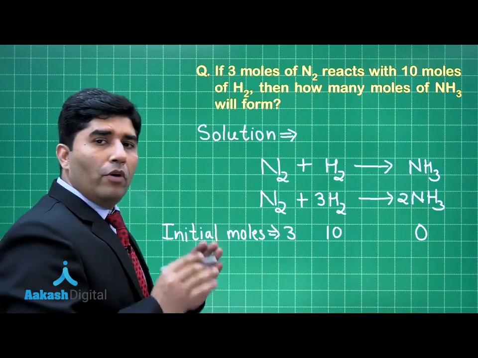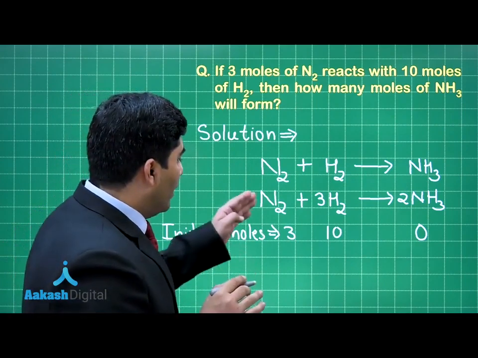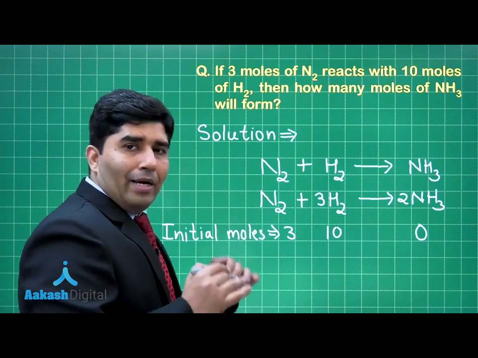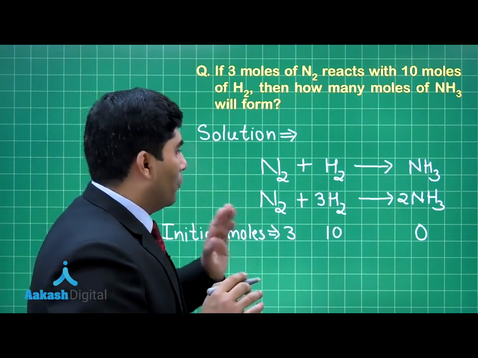Now what we will do, we will find the limiting reagent first. For that we have to divide their moles by their respective stoichiometric coefficients.